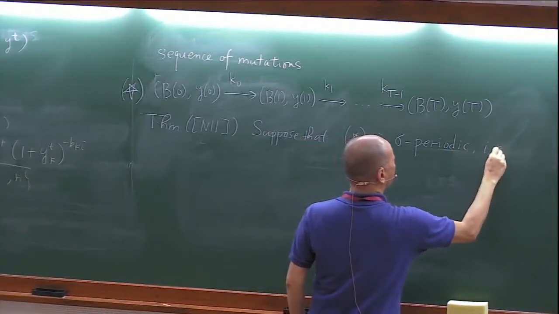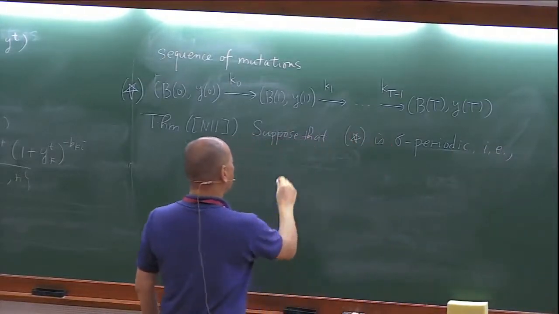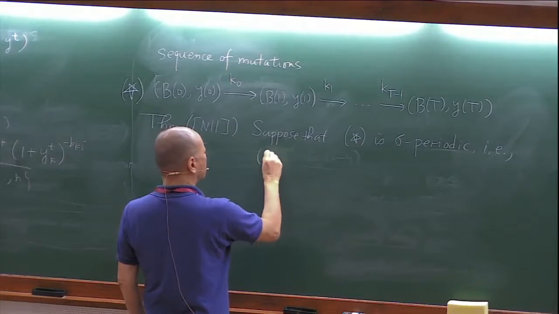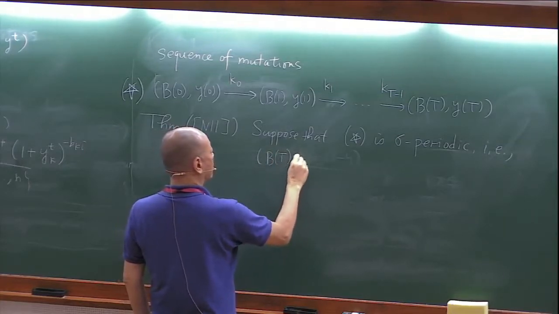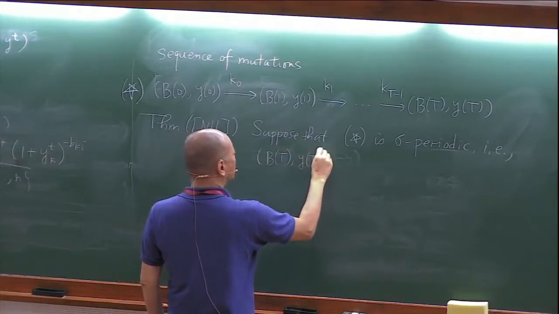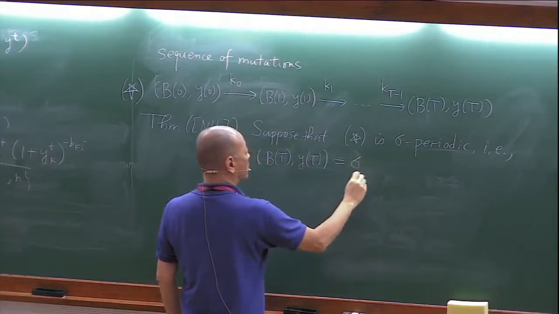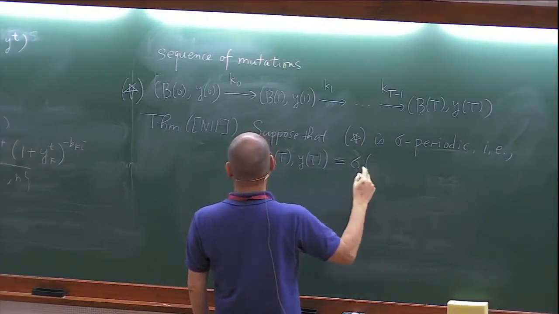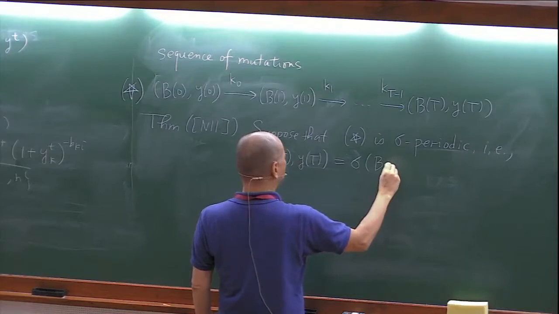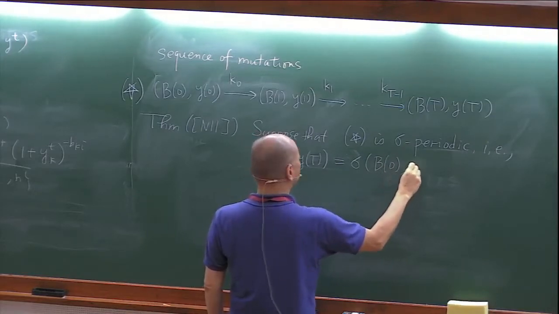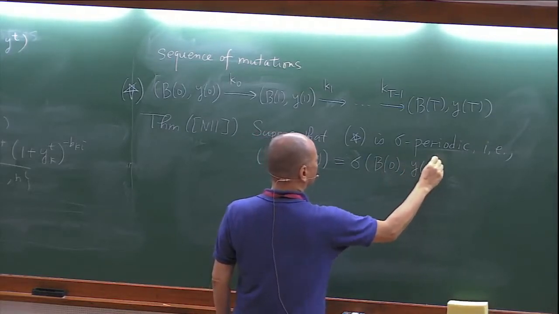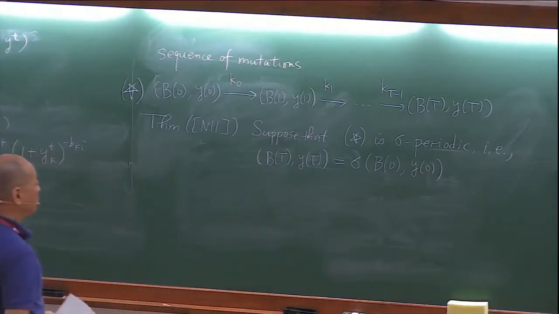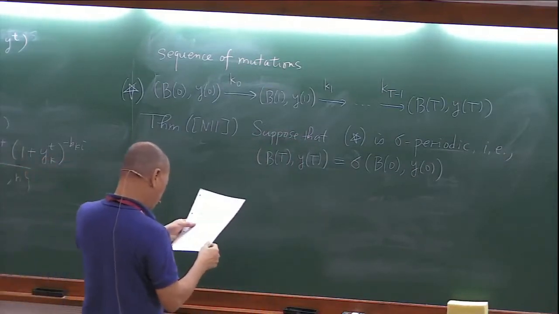Namely, the final state of the sequence of mutations comes back to the original one modulo this sigma permutation of indices, a simultaneous permutation of indices. I call this sigma periodic.